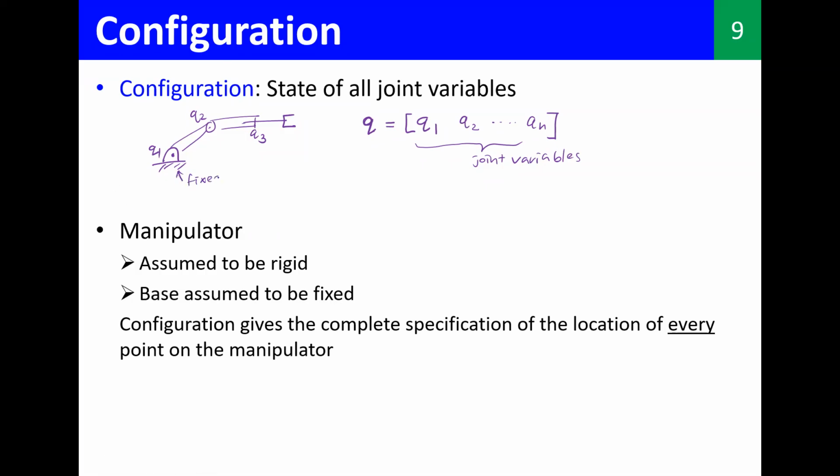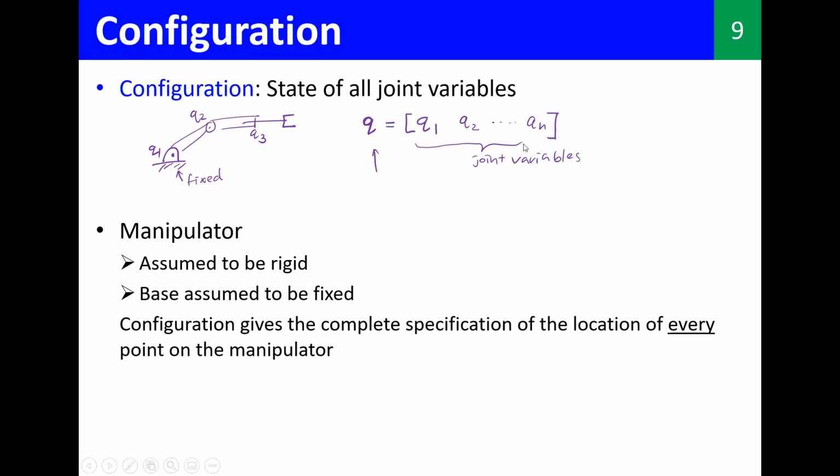Okay, so this one over here is fixed, it's not moving. And when we make these 2 assumptions, when we are given a configuration, can we draw the shape of the manipulator? Do we know the location of every point on the manipulator? Yes, because we just need these few numbers.